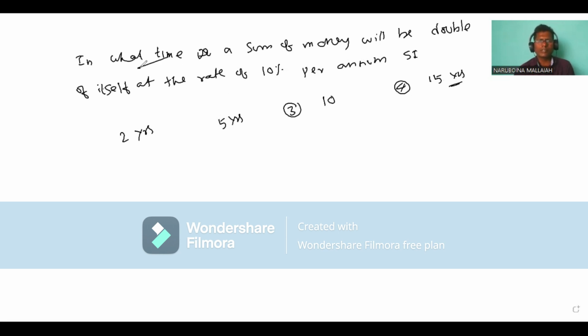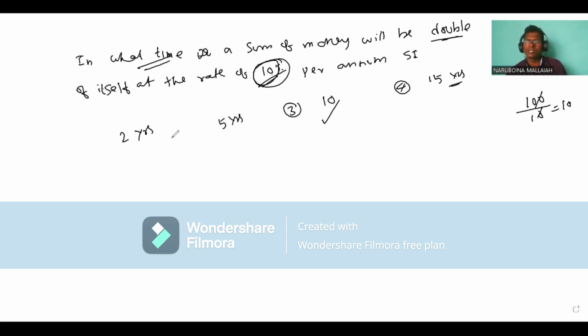See, you are asked to find the time. Here you find the double term: the sum of money will be double itself. This is a standard question. Just take 100 and divide it by this number. Only one number is given in the question, so write this 10 and divide. The zeros get cancelled and we are left with 10. Or multiply this number with the options.